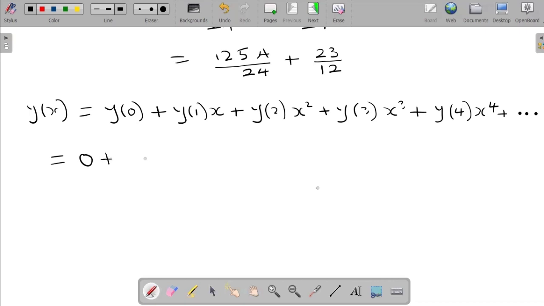Then y of 1 is a from condition 2. Then plus y of 2.